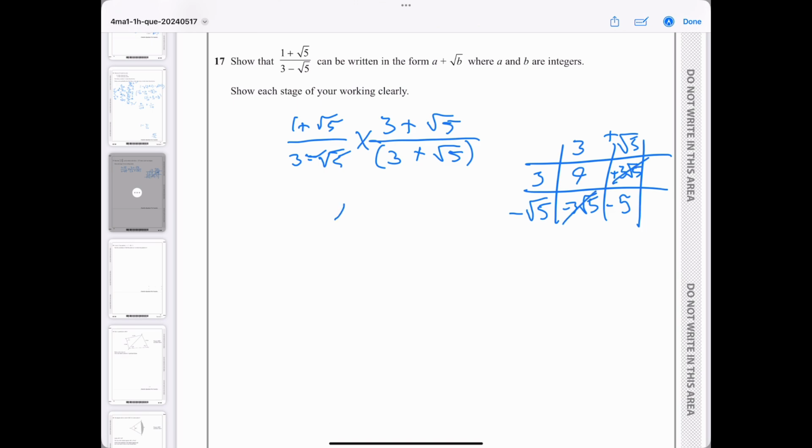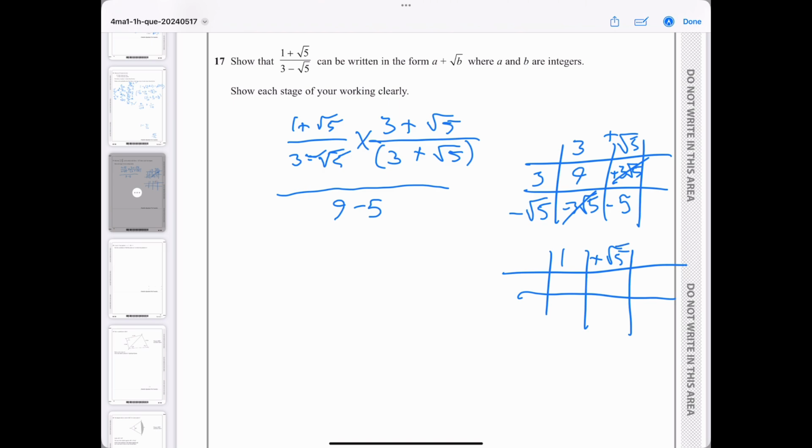So on the bottom we get 9 minus 5, which actually gets rid of the root, which is what we've got to do. Now on the top, that's 1 plus root 5 times 3 plus root 5.